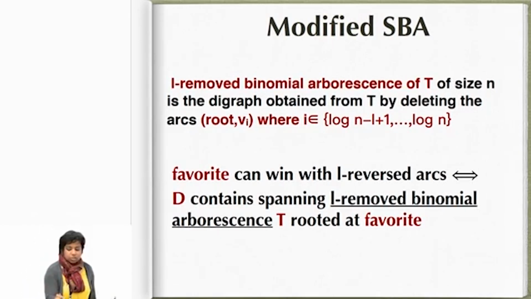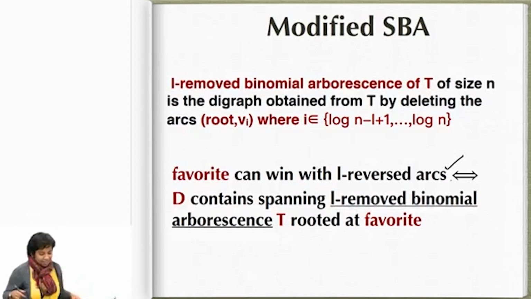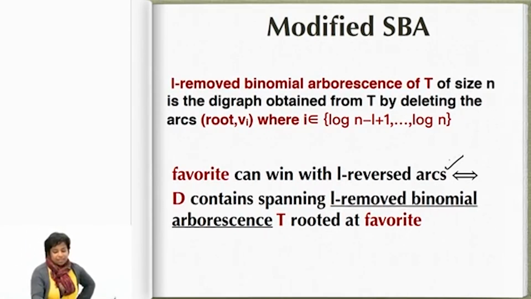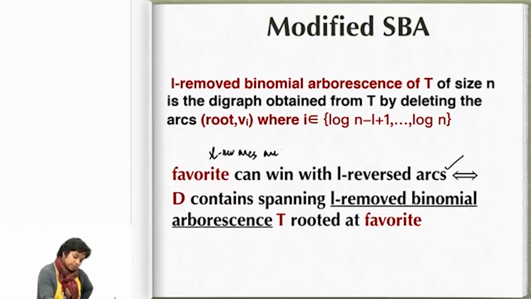So what does this mean? This says there exists some SBA where L of the arcs are reversed. By applying that previous property, I can assume even that the L reversed arcs are all incident on V star, right?